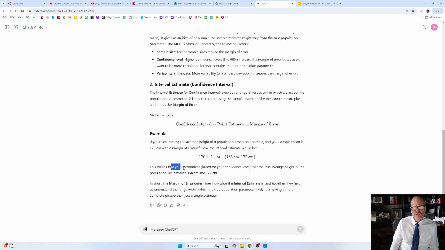This means you're confident, based on your confidence level, that the true average height of the population lies within this interval.